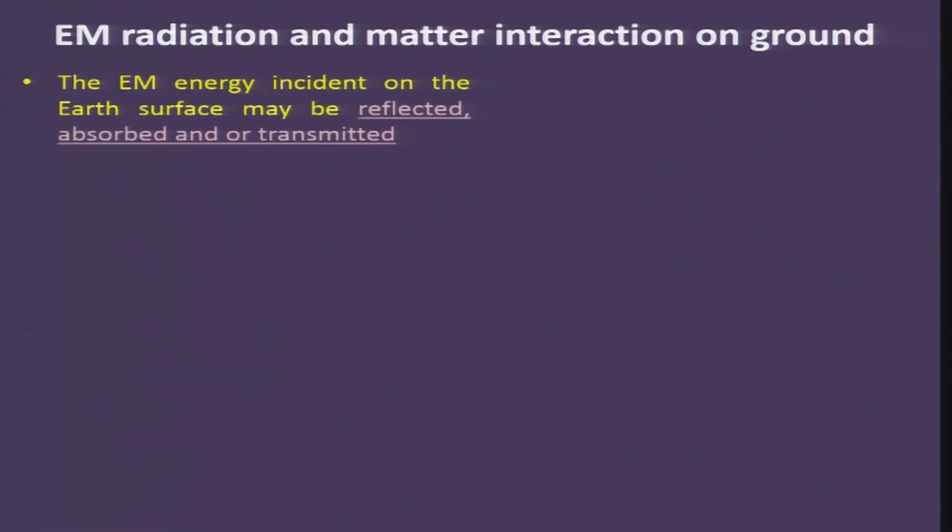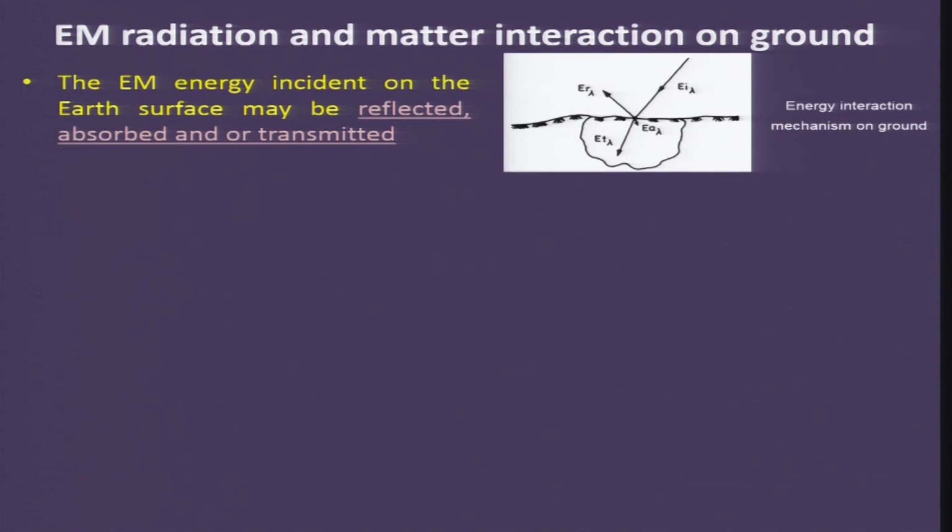How does electromagnetic radiation interact on the ground? The electromagnetic energy incident on the earth's surface may be reflected, absorbed or transmitted. Some will be reflected and absorbed within the earth's surface.